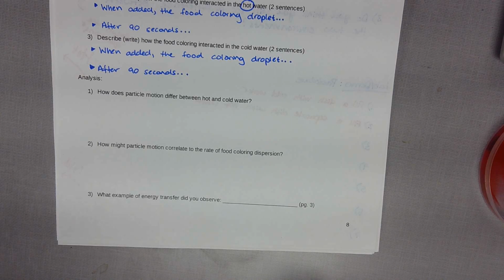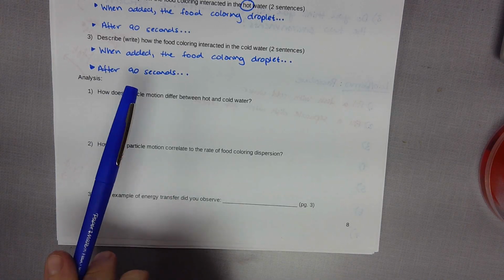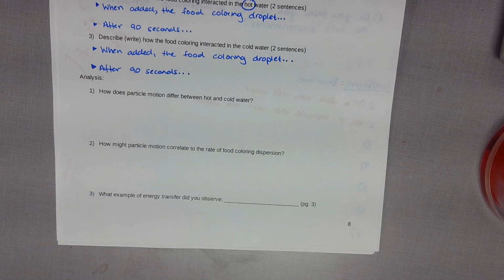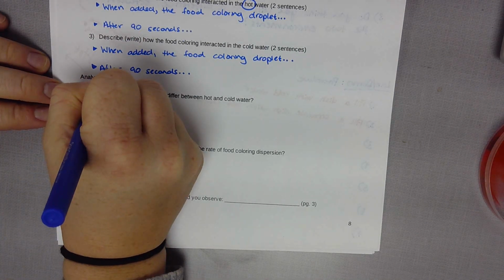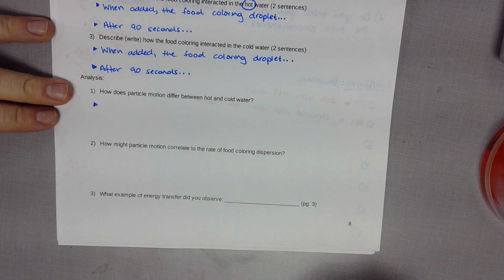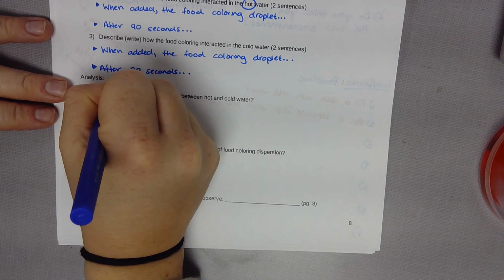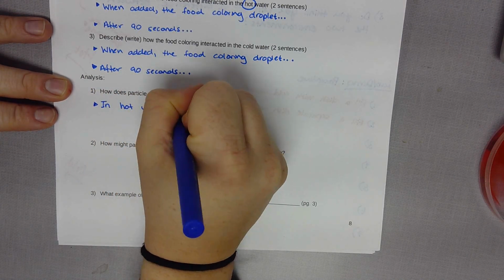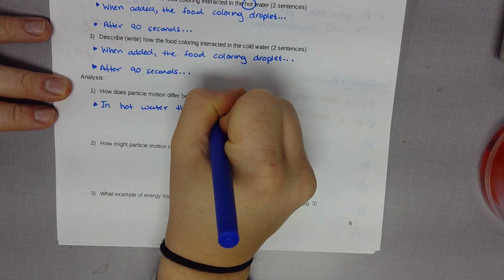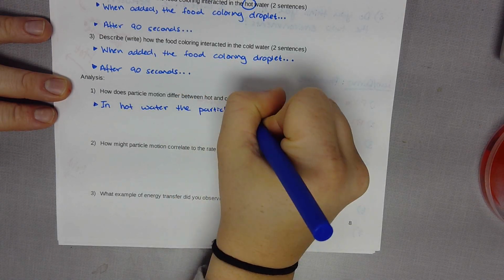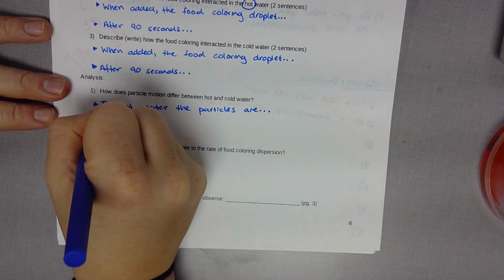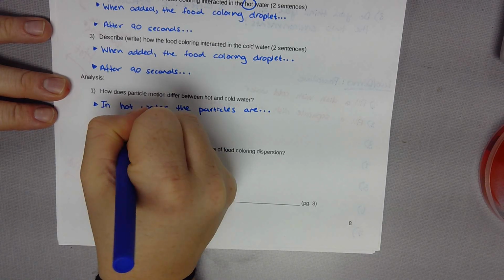Okay, now on this final section, you are writing how does the particle motion differ between hot and cold water. I would do a 2-sentence answer describing both scenarios. In hot water, the particles are... and then describe how that changes in cold water.